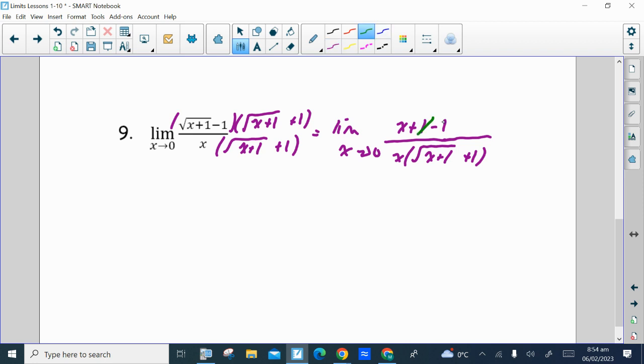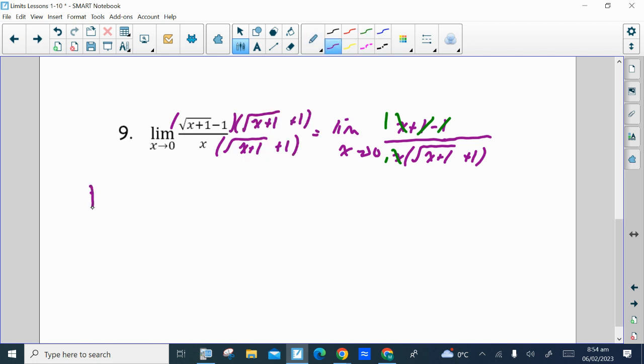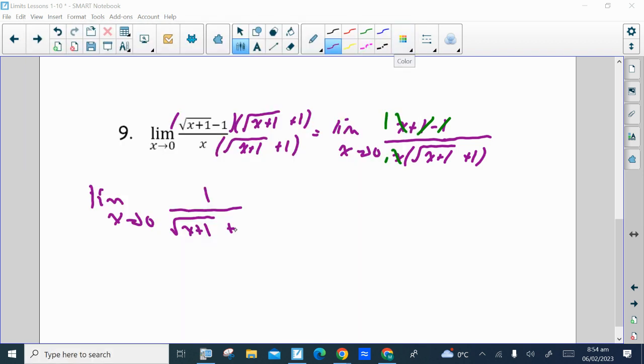Those 1's will cancel, and you're just left with the factor of x on top, which will cancel with the x on the bottom. So we are left with the limit as x approaches 0 of 1 over the root of x plus 1 plus 1, which we can now evaluate.